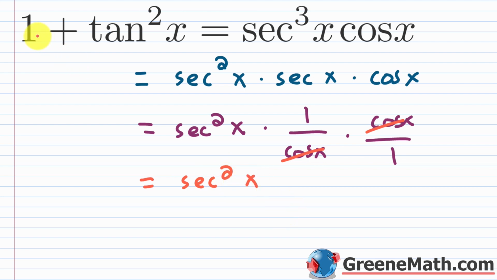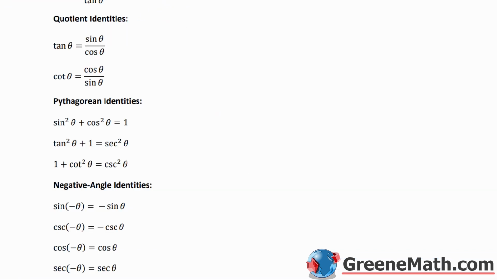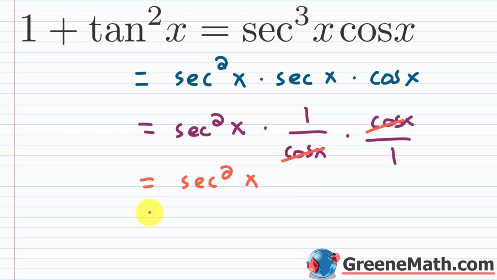Now, we have this 1 plus tangent squared x that we're trying to get a match on. Again, if you go back to your identities, tangent squared theta plus 1 equals secant squared theta. So we're basically good to go. We can just replace this and say it's tangent squared x plus 1 or 1 plus tangent squared x. So let's put 1 plus tangent squared x, and we have a match. So we'll put a check mark there, and we're done.